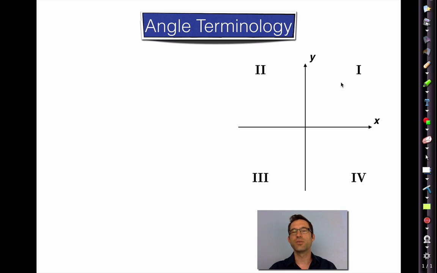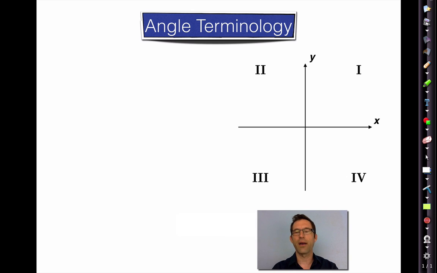I once had a student say, I know where quadrant 1 is, and then if I put my pencil down and draw a big C, the C ends up tracing out where all the other quadrants are. So quadrant 1, quadrant 2, quadrant 3, quadrant 4, and they're typically shown in Roman numerals. So we've got to kind of live with that.